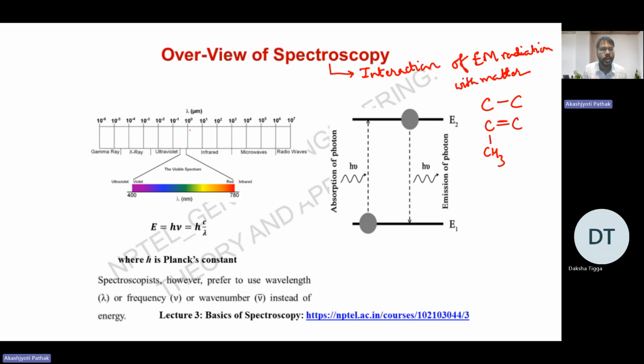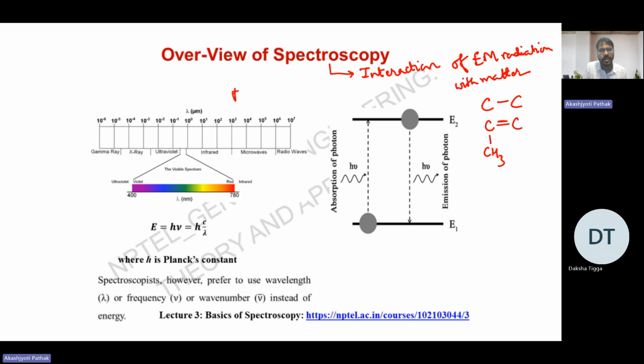So basically, when we talk about the electromagnetic radiation, it starts from the gamma rays and goes up to the radio waves. We can have different energies of the electromagnetic radiation. The gamma rays have the maximum energy, and as we go towards the right, the energy of the electromagnetic radiation decreases.